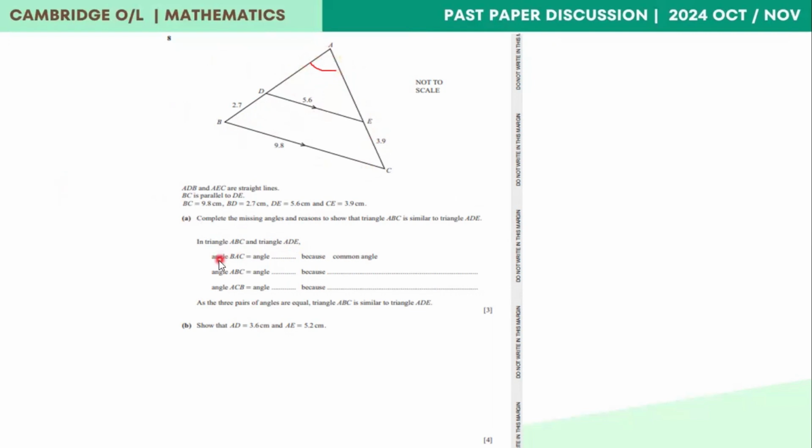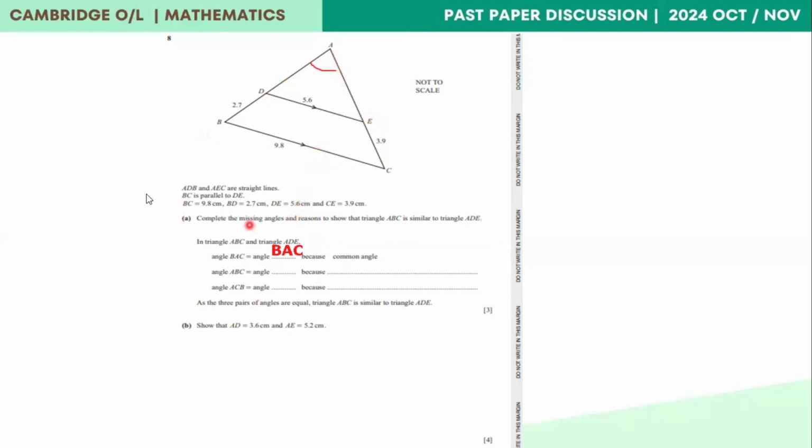The first angle, angle BAC, is equal to angle BAC again, because it's common for both. You can see here that triangle ABC and also triangle ADE have the angle at A.